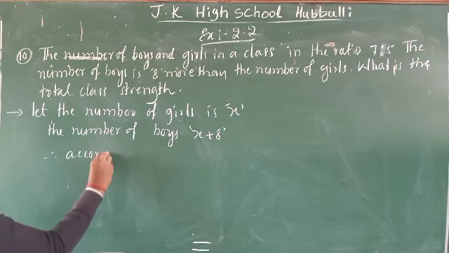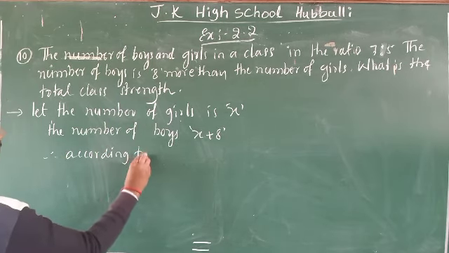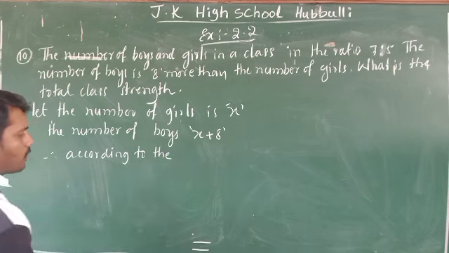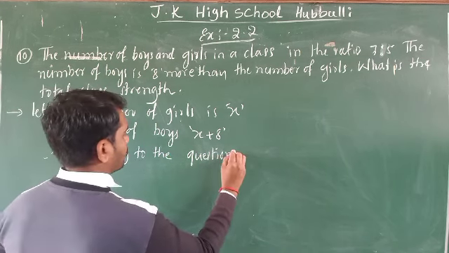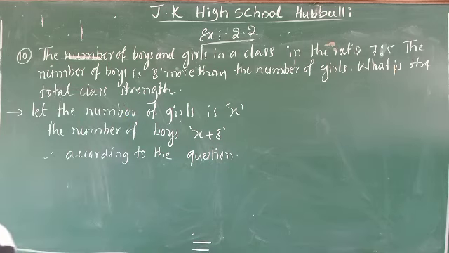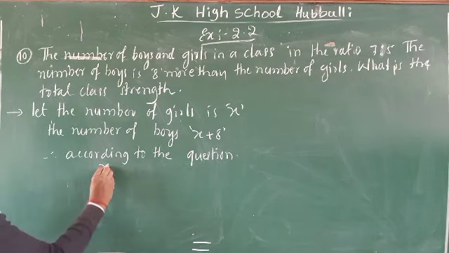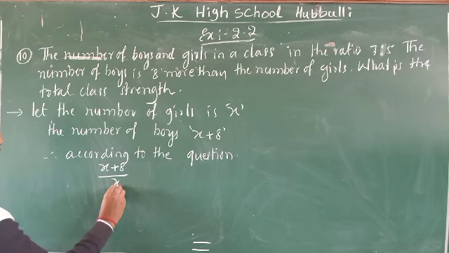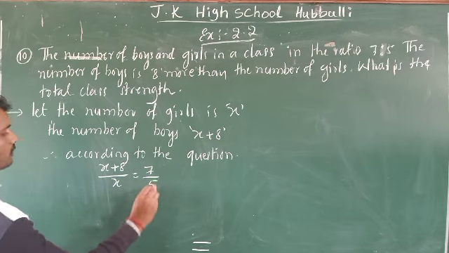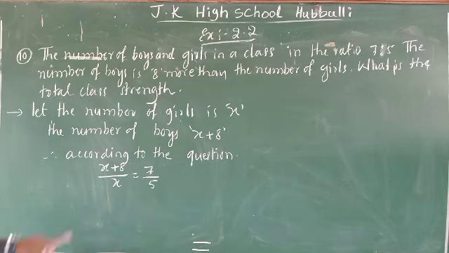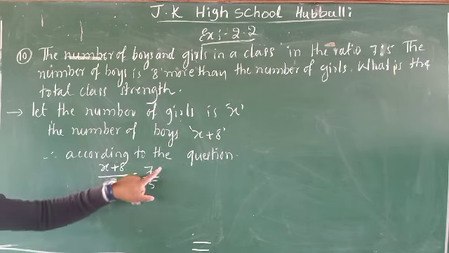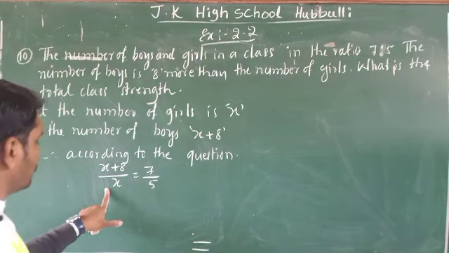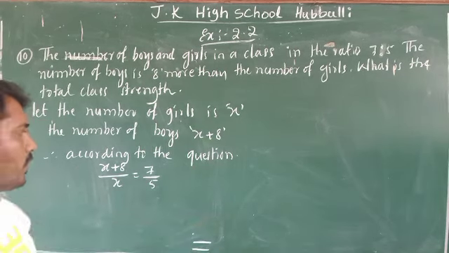Therefore, according to the question, x plus 8 divided by x is equal to 7 divided by 5. x plus 8 is boys, ratio 7, x is girls, ratio is 5.